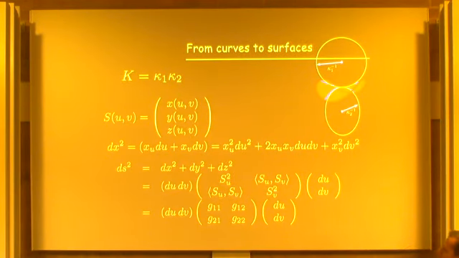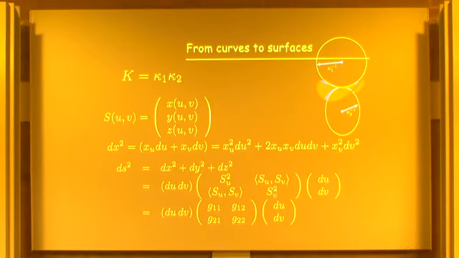Let me just remind you about the Gaussian curvature. The Gaussian curvature is nothing but the multiplication of the two principal curvatures at a surface. And a surface, this is a parameterized surface, can be defined, I mean, when you measure distances on a surface, by something which is called the metric, which is nothing but the affine transformation of lifting from the parameterization space, the UV parameterization space, onto the surface itself.